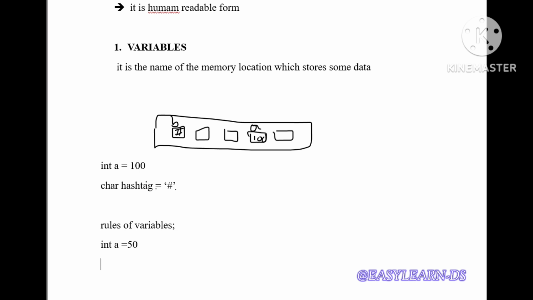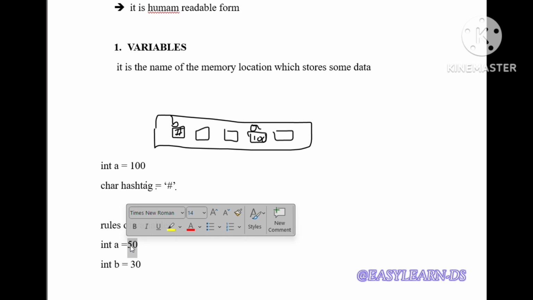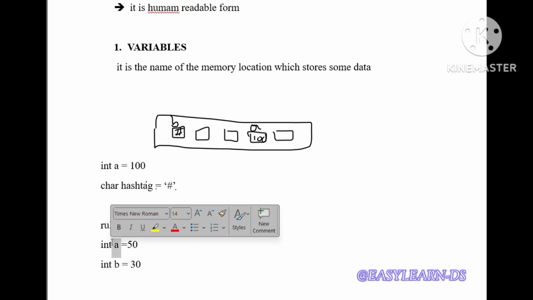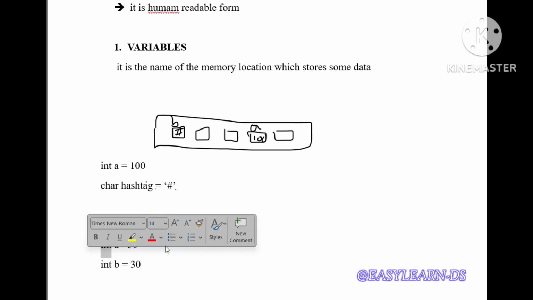Then after, I am taking one more integer type, giving it variable b, which is equal to 30, etc. Here we can see three at a time. This is the value of the assigned variable. This is the variable, and it shows the type.